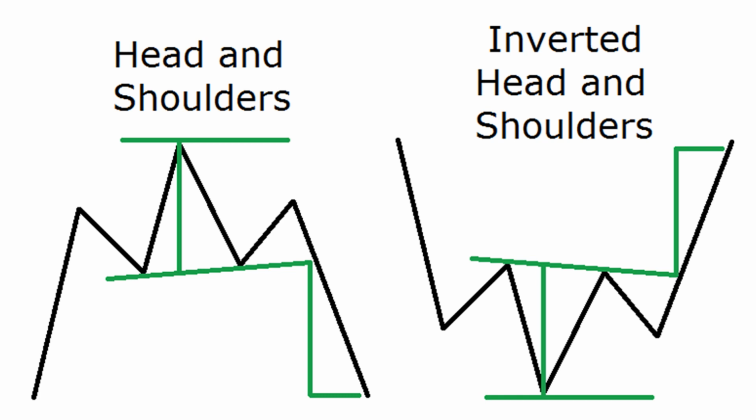Just as there's different ways to enter a trade, there's different ways to exit a trade or place a stop loss. The basic stop loss involves placing your stop loss above the head, so placing it here.